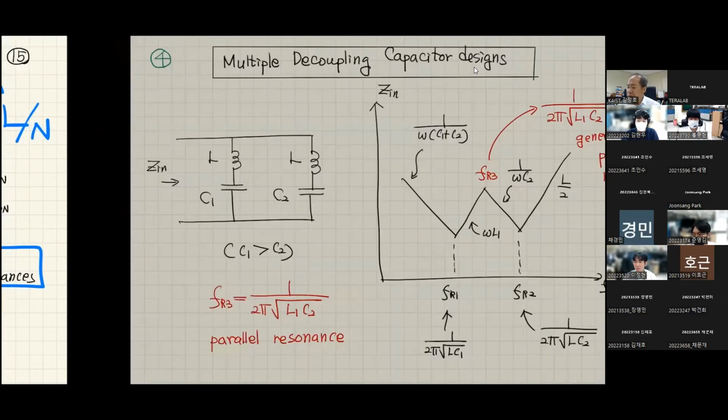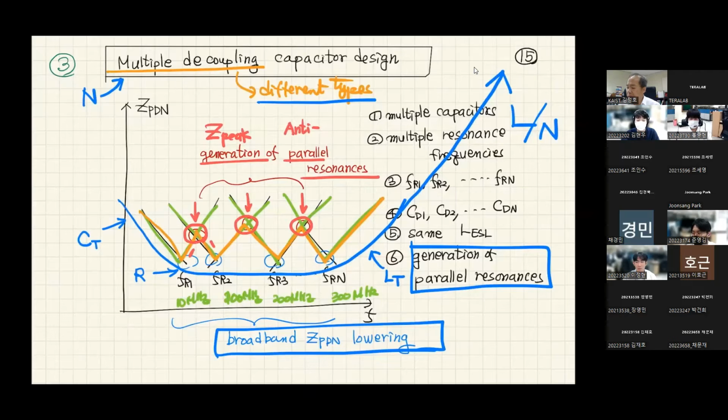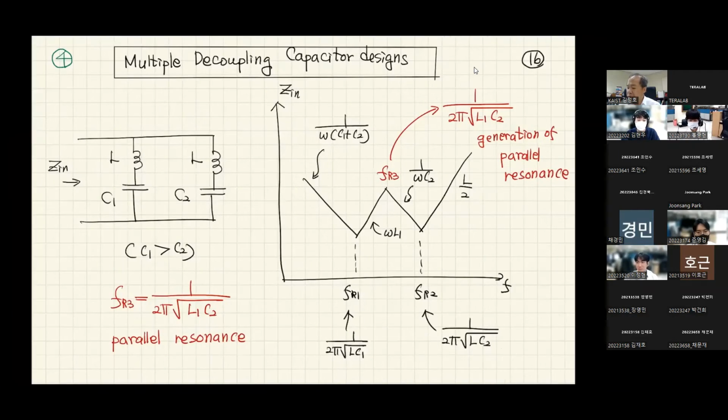Now, I'd like to discuss a little bit more about this parallel resonance. Let's assume we have a decoupling capacitor C1 that has a self-inductance L, and we have another capacitor that has capacitance C2 and self-inductance L. So I'm saying that both capacitors are of the same type.